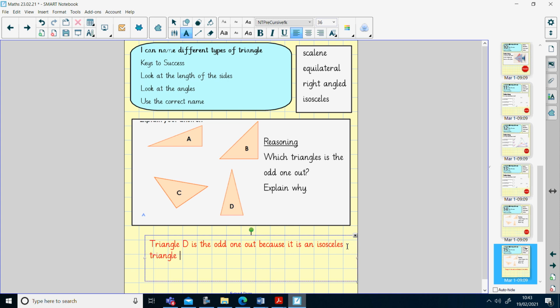So triangle D is the odd one out because it is an isosceles triangle, and the other triangles are right angled triangles. Okay, hope you got that correct. Remember, it's fine to have to move the shape to see it clearly.